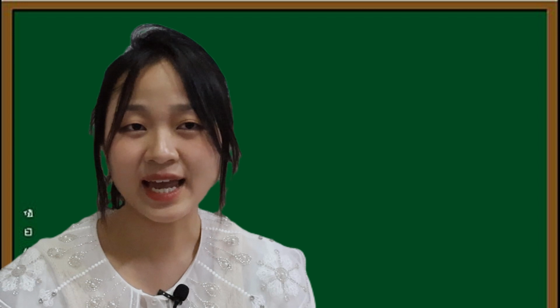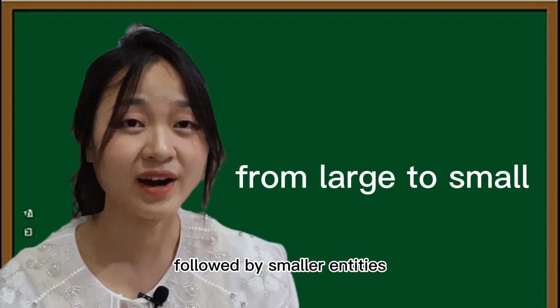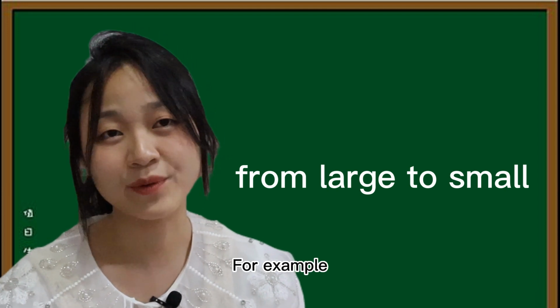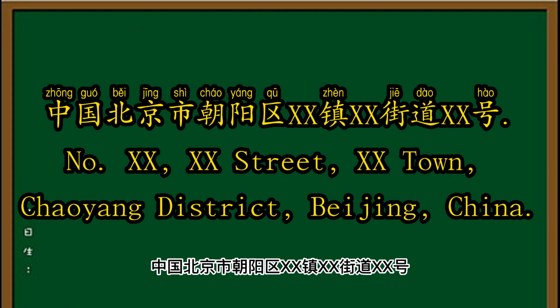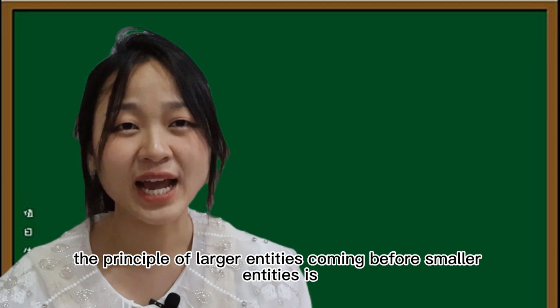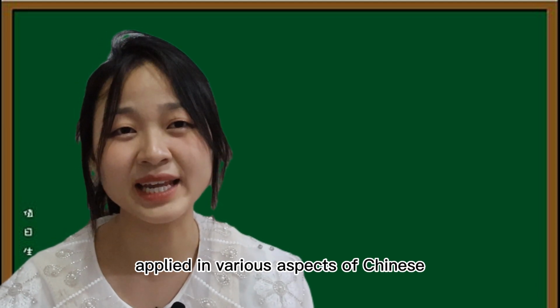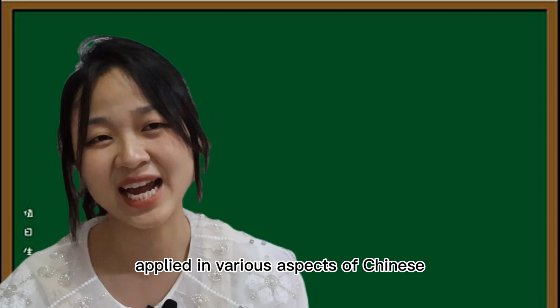In Chinese, the sequence of wording in postal addresses is opposite to English. The largest entity comes first, followed by smaller entities. For example, 中国北京市朝阳区镇街道号. Remember, the principle of larger entities coming before smaller entities is applied in various aspects in Chinese.